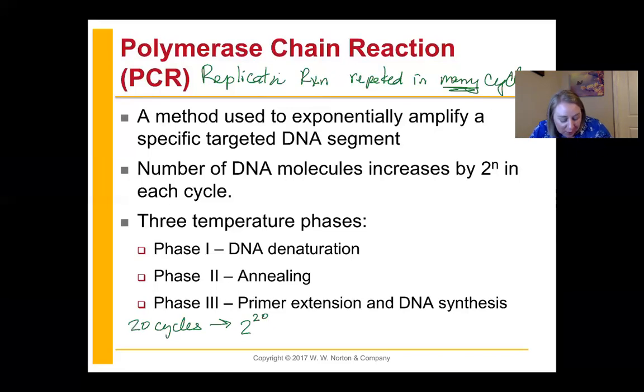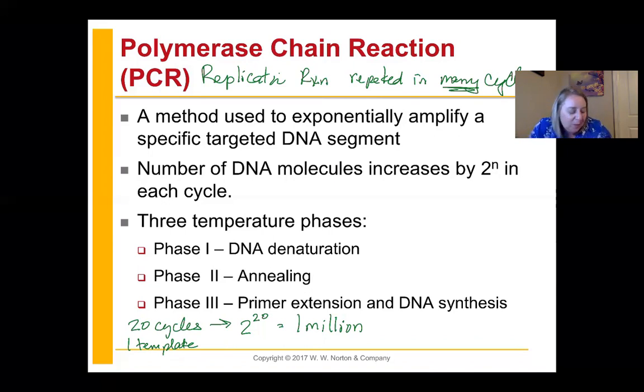If you put that into your calculator, from one template, one piece of DNA, at the end of this you would end up with about 1 million copies of that one template, right? And each cycle only takes a few minutes. So in a few hours, you can amplify a single gene very efficiently. It does depend on the gene length. The longer the gene, the longer the cycle.